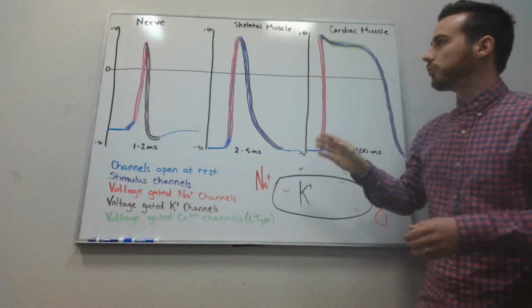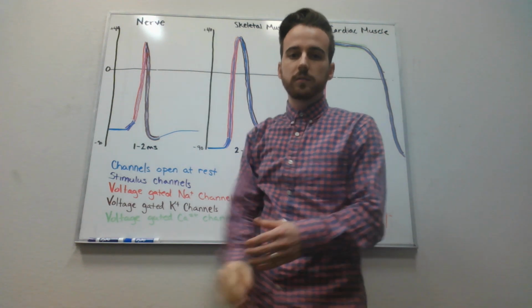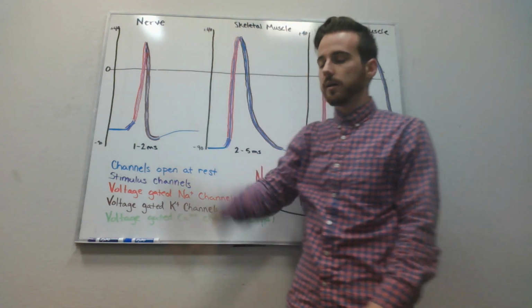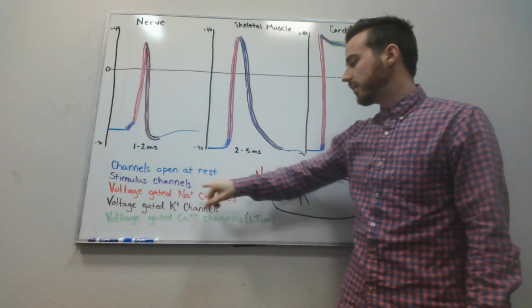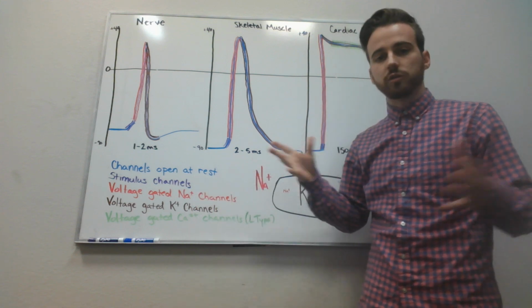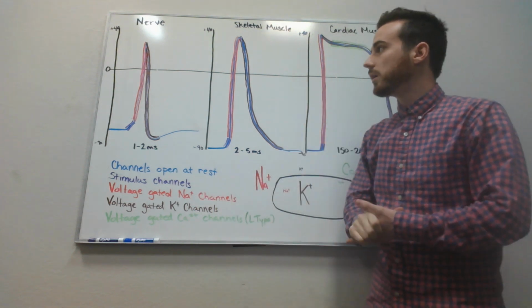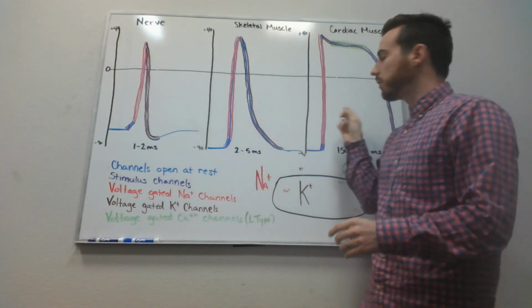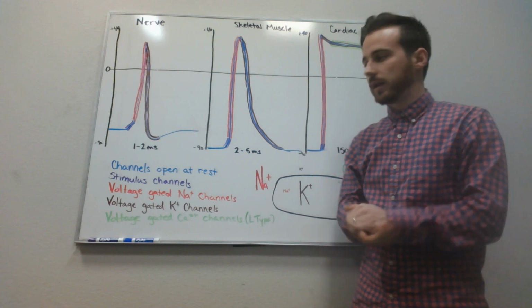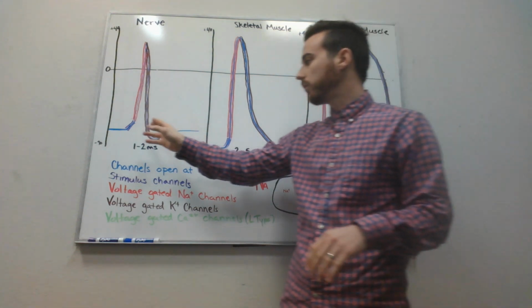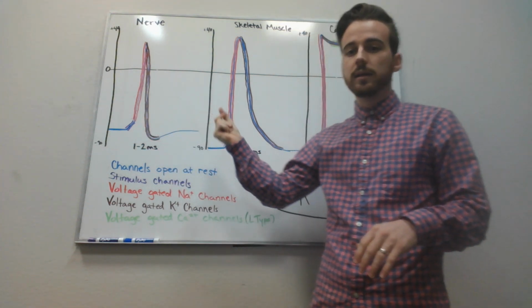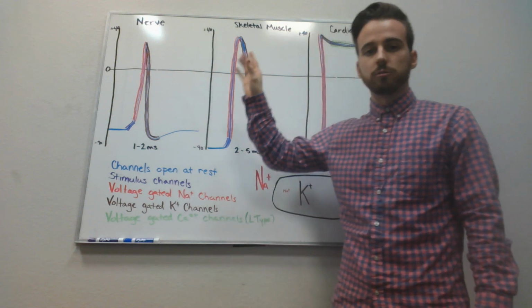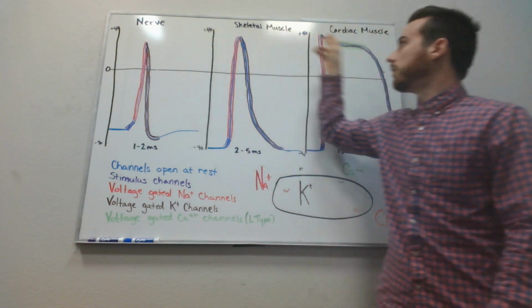We get this upshoot. It's shooting up towards +65 millivolts. It doesn't get that high, but that is because the sodium channels are opening. That's why it shoots up there. Then the sodium channels in all three are going to be inactivated. They have an inactivation gate that closes after about 1 millisecond, and that stops the upshoot, okay, in all three.